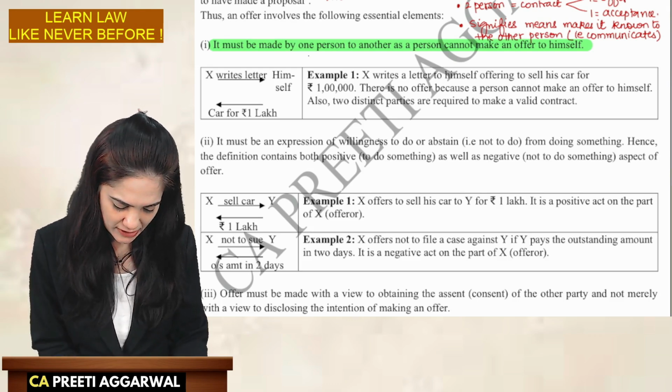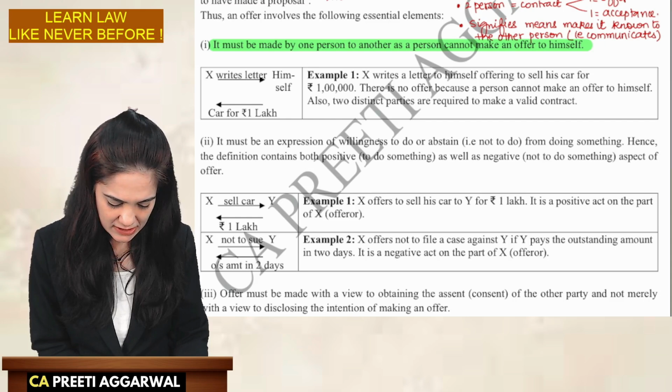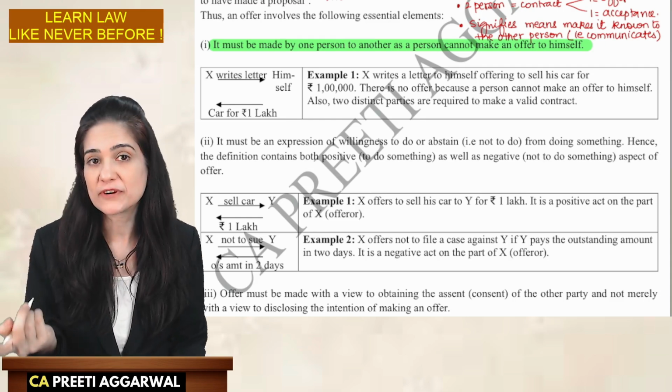You cannot make the offer to yourself. This shows that we need two distinct parties to make a valid contract. You cannot give offer to yourself.